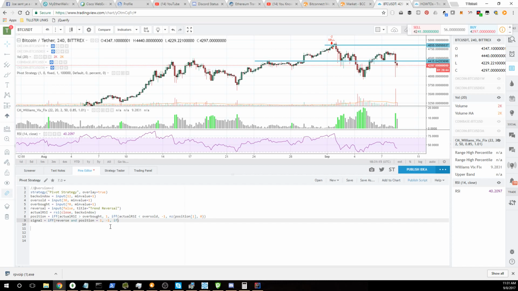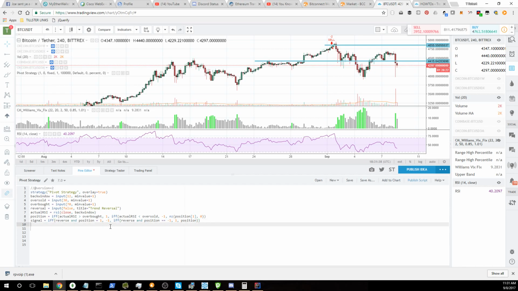Otherwise, again, the opposite could be true. If reverse and position is equal to -1, this means we want to now buy. Otherwise, we will just use whatever position we're currently in.